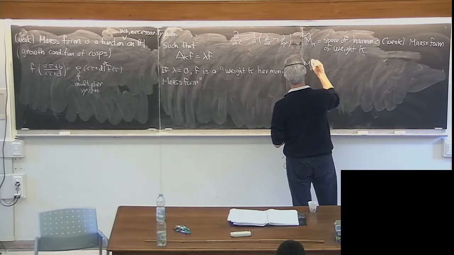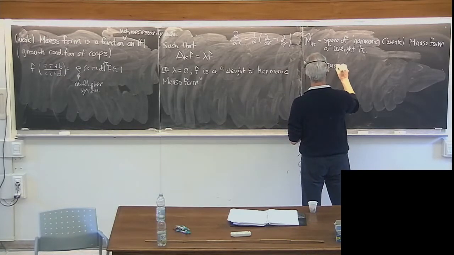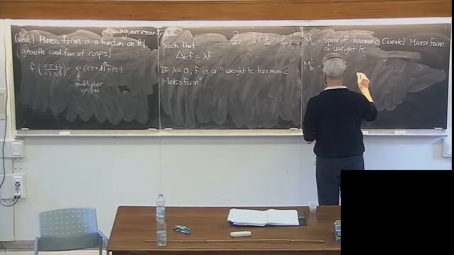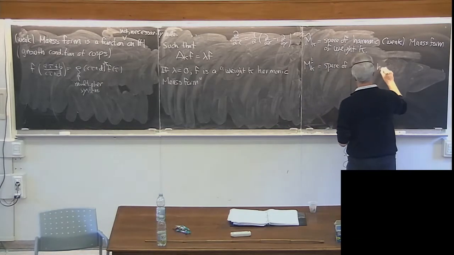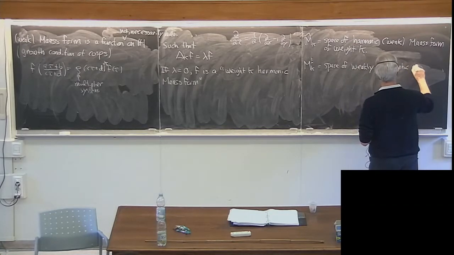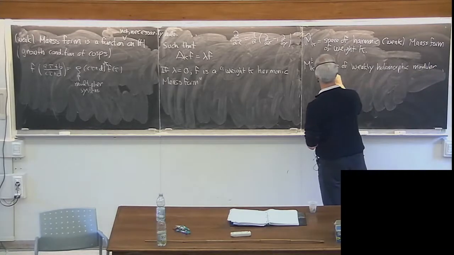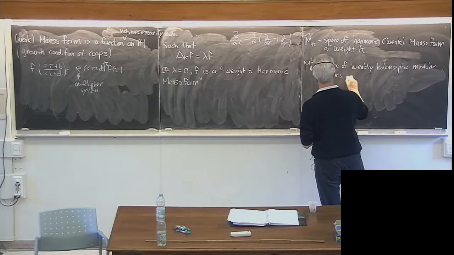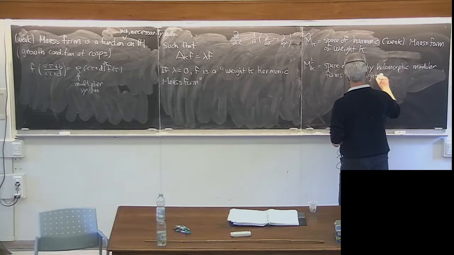M sub k with a little exclamation point up here is going to be the space of weakly holomorphic modular forms of weight k.